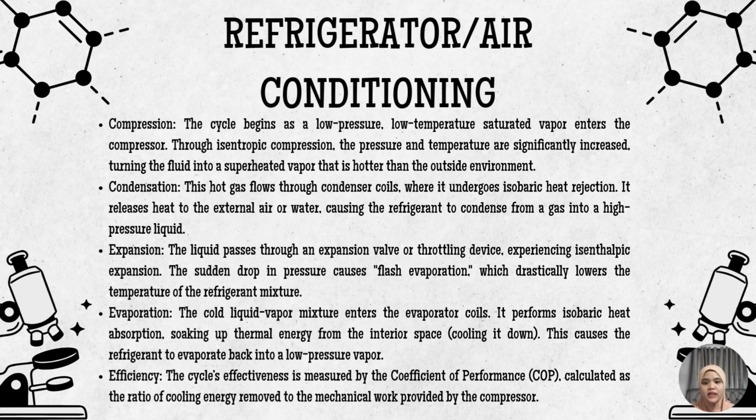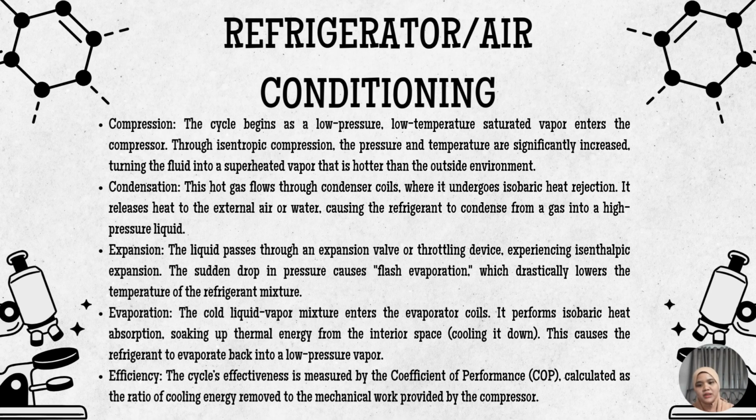which is the cycle begins as a low pressure, low temperature, saturated vapor entering the compressor. Through the isentropic compression, the pressure and temperature are significantly increased, turning the fluid into a superheated vapor that is hotter than the outside environment.